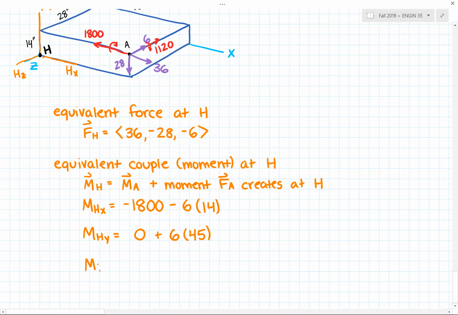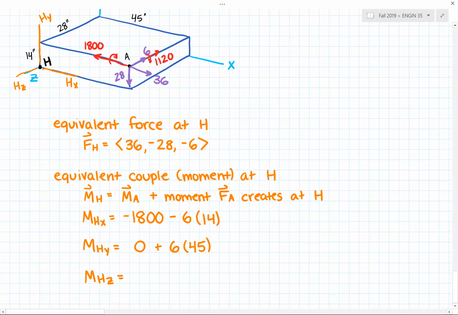Lastly, we have MHZ. So it's going to be the moment at A, which is negative 1,120. And for the force that creates a moment about HZ, it looks like we have 2 of them. So the X force will create a negative moment. So we'll have minus 36 times a moment arm of 14. And then the Y force also creates a moment about that axis. And that's going to be negative 28 times our moment arm of 45.